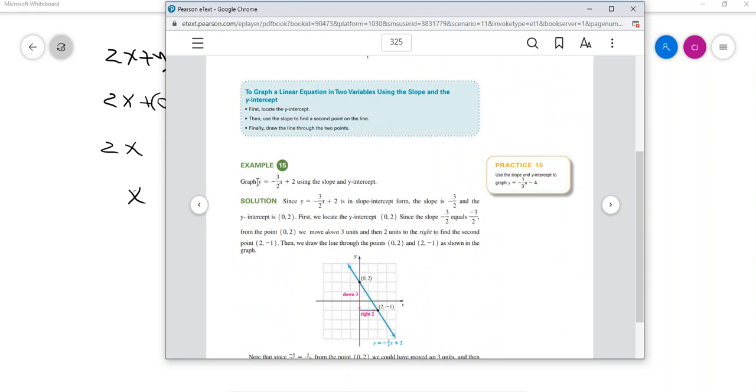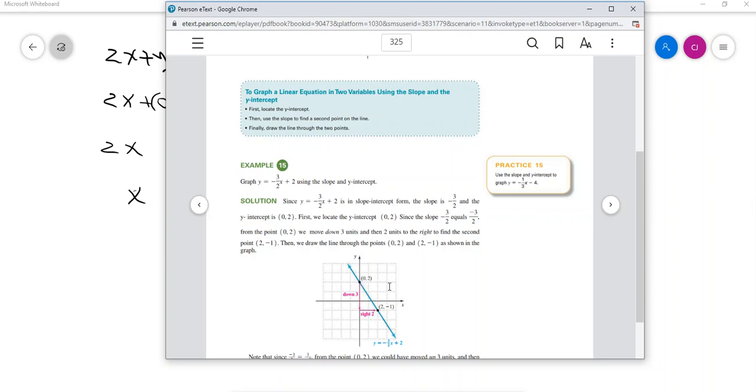Again, here's a graph. Well, you could plot some points. You could find the intercepts. You notice right away they put in 0 for x because it's easy, right? If you put in 0 for x, you get 2. So (0, 2), they put that there.